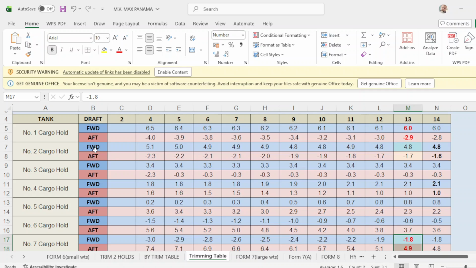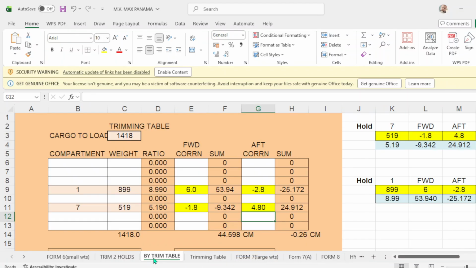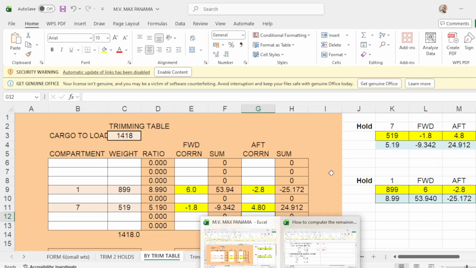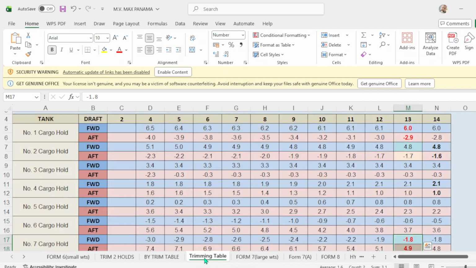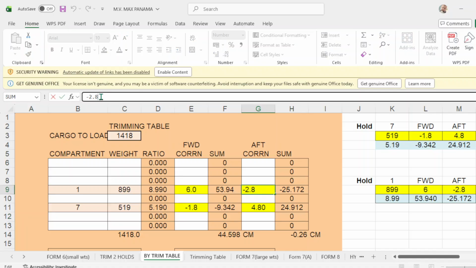In hold number 1, forward correction is 6 meters, 60. So you apply the correction. You have your 6. And aft correction, how much? Aft correction is negative 29. Then you put here negative 29.